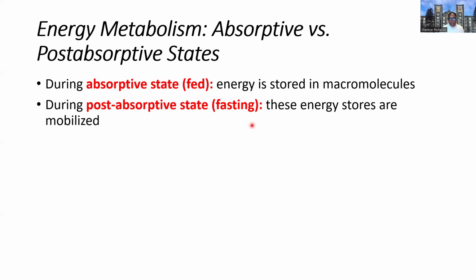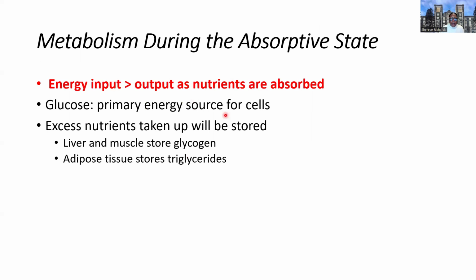Now, alternatively, the post-absorptive state or the fasting state, this is where the body has gone for a period without food, and now it is looking for energy stores in those reservoirs that it has stored away from the fed state. So this is the state where the body is not able to get additional food and it's tapping into the stores. So we'll look at the hormones that help to regulate both of these states.